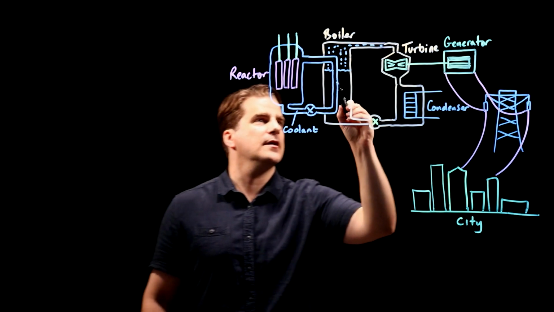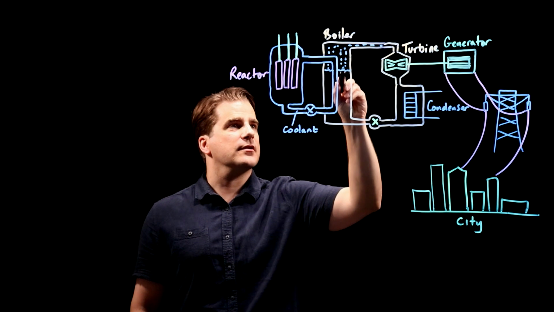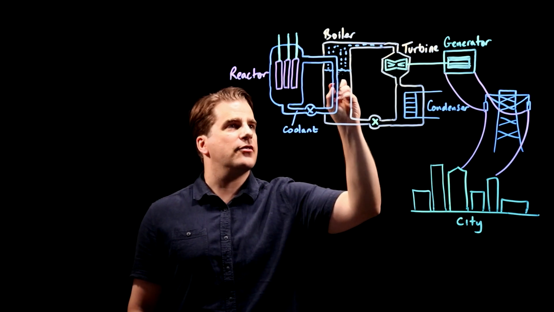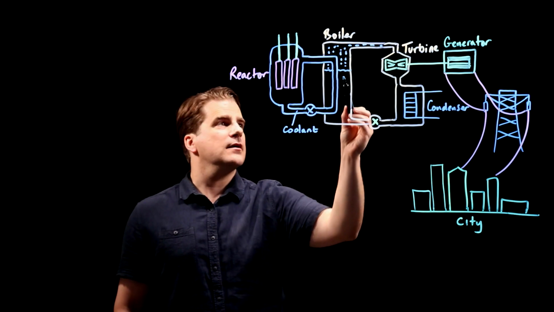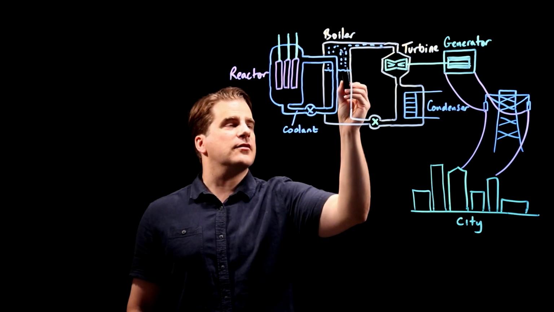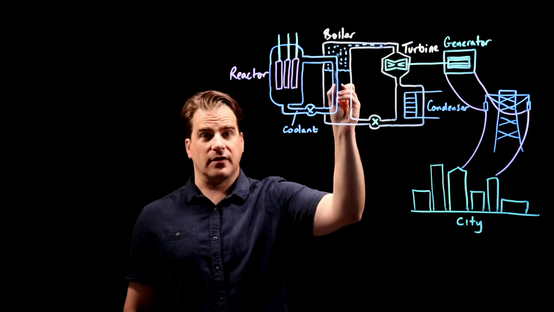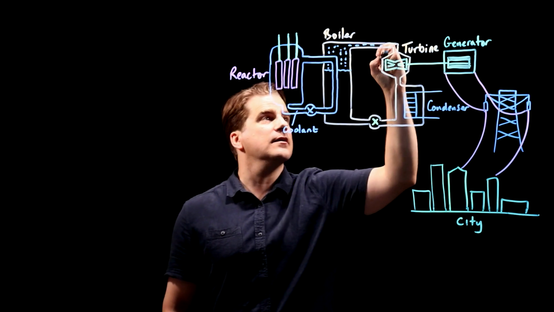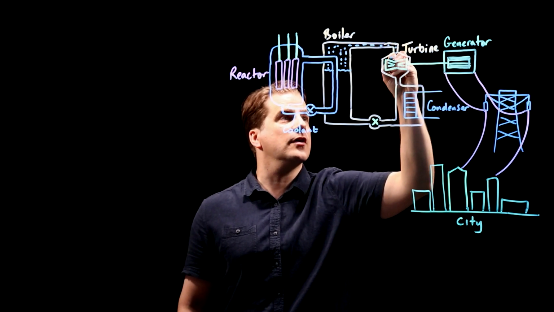However, let's keep going. So you have thermal energy in the water in the boiler. That creates this steam which is under high pressure, and the steam forces its way through the turbine.